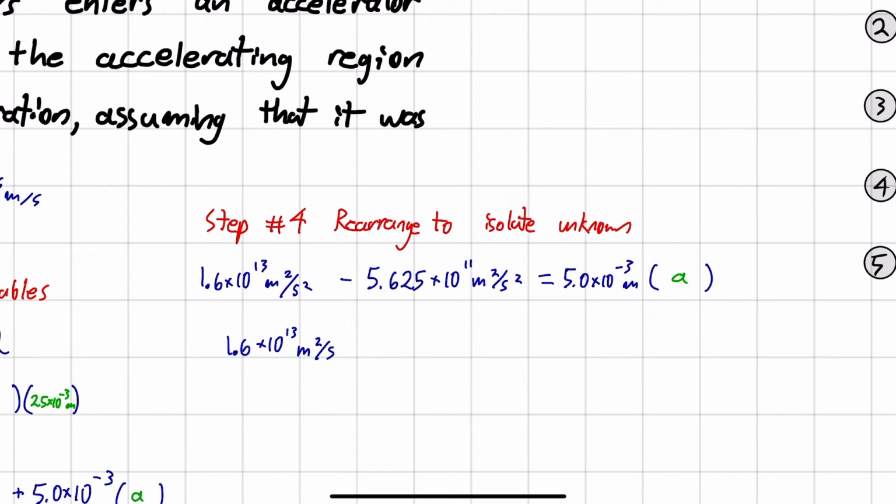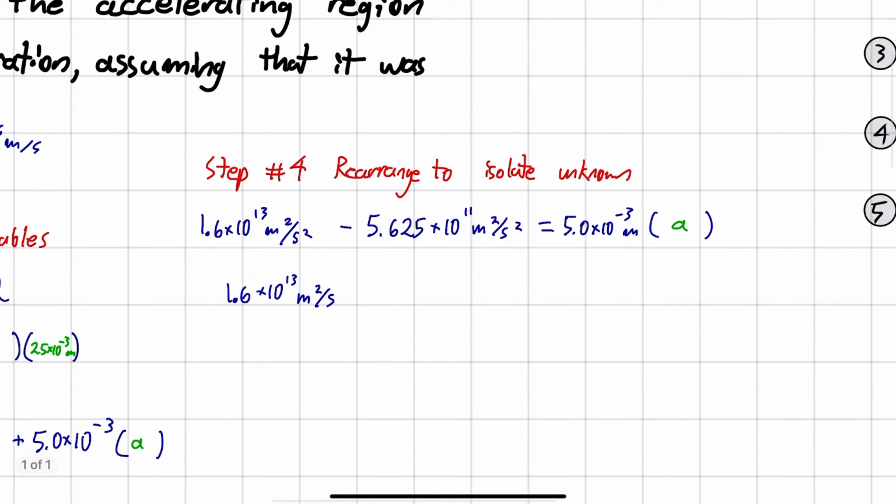And since it's a multiplication here, this is multiplied by a, that means on this side it's going to be a division. So here we're just rewriting these terms. I forgot the squared on that s. And now a division over 5.0 times 10 to the negative 3 meters. And that is equal to a.